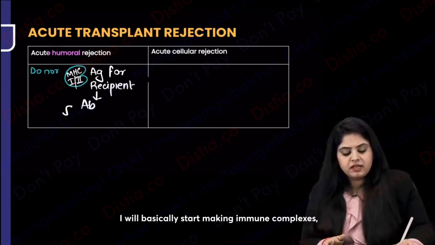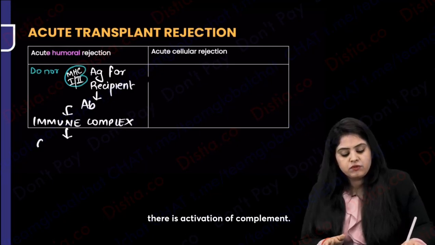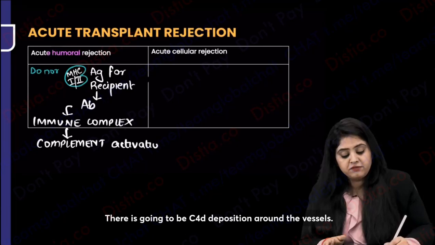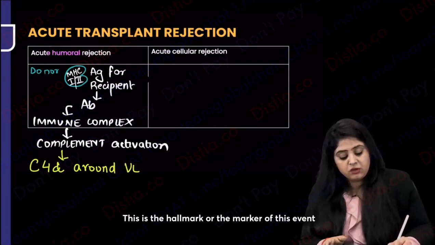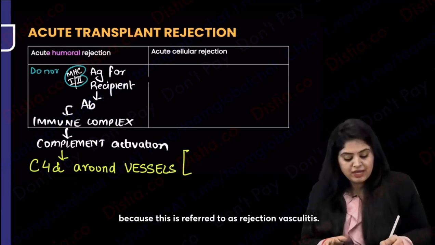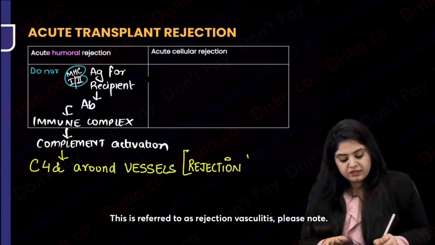I will basically start making immune complexes. Because of the formation of this immune complex, there is activation of complement. And because of the activation of complement, there is going to be what deposition? There is going to be C4D deposition around the vessels. This is the hallmark or the marker of this event, because this is referred to as rejection vasculitis.